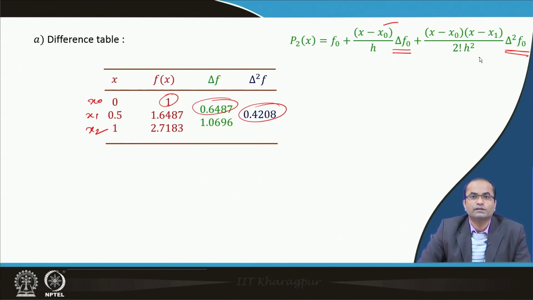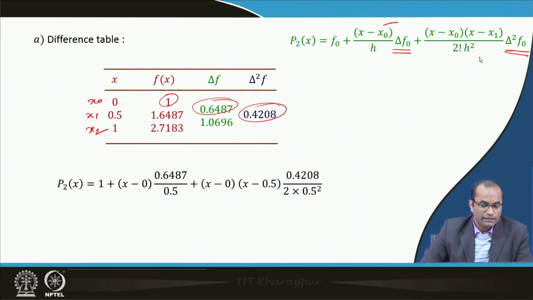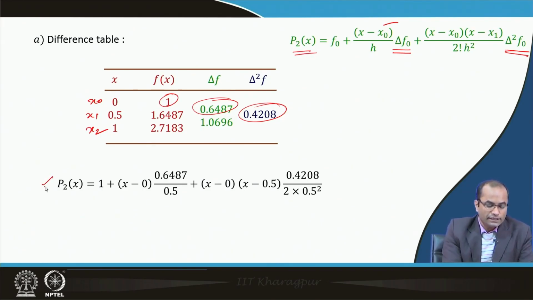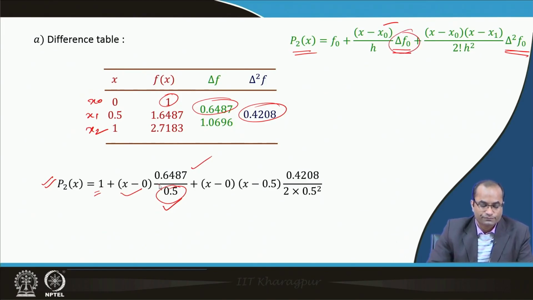We can substitute this formula and we can get the polynomial. So, here we have the second order polynomial as 1 plus this x minus x 0, which is 0, and h is 0.5 in this case. So, this 0.5 is taken, and then here the difference for this delta f 0 is used here.